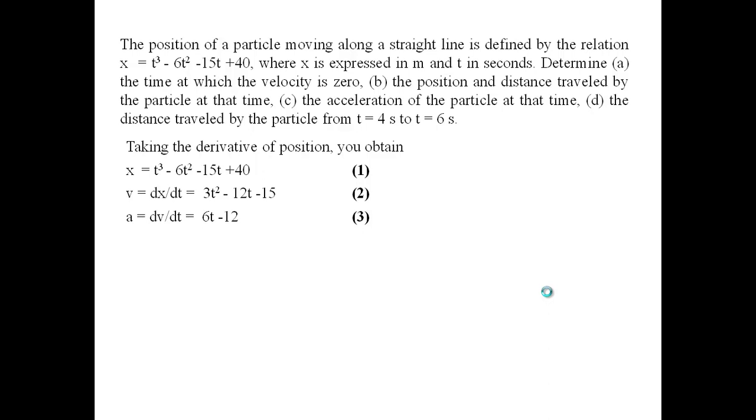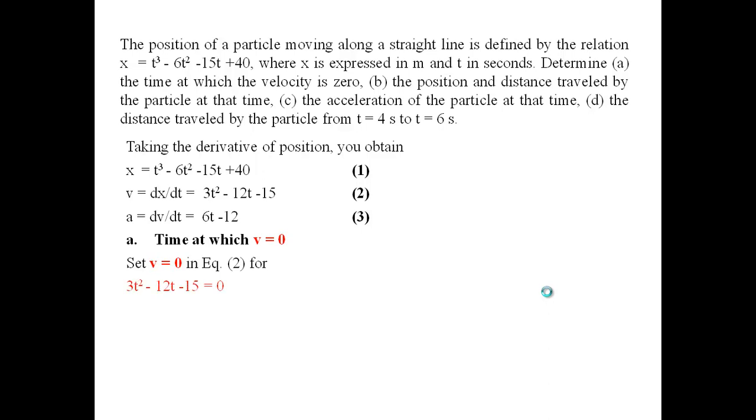The first one is to determine the time at which the velocity is 0. We take the second equation because the condition is based on the velocity. So set v is equal to 0 in equation 2.